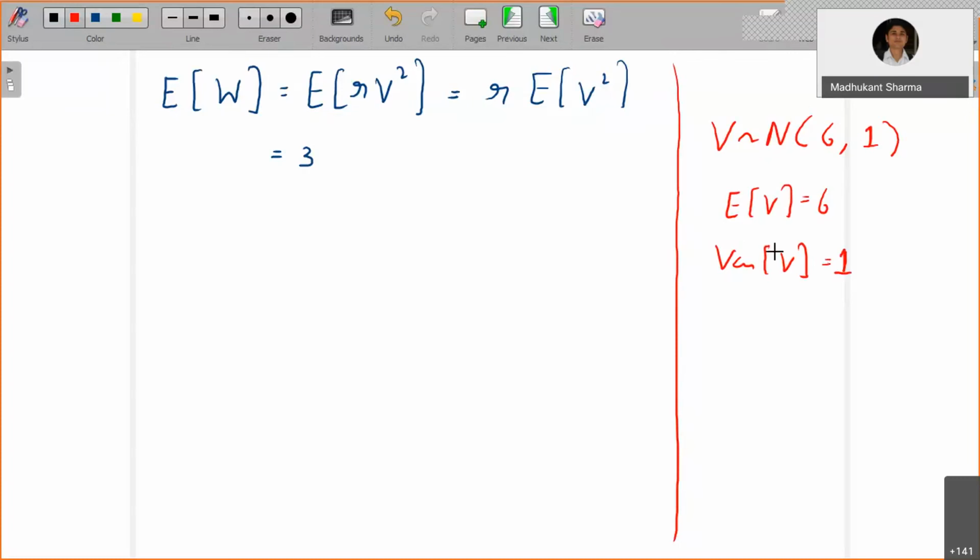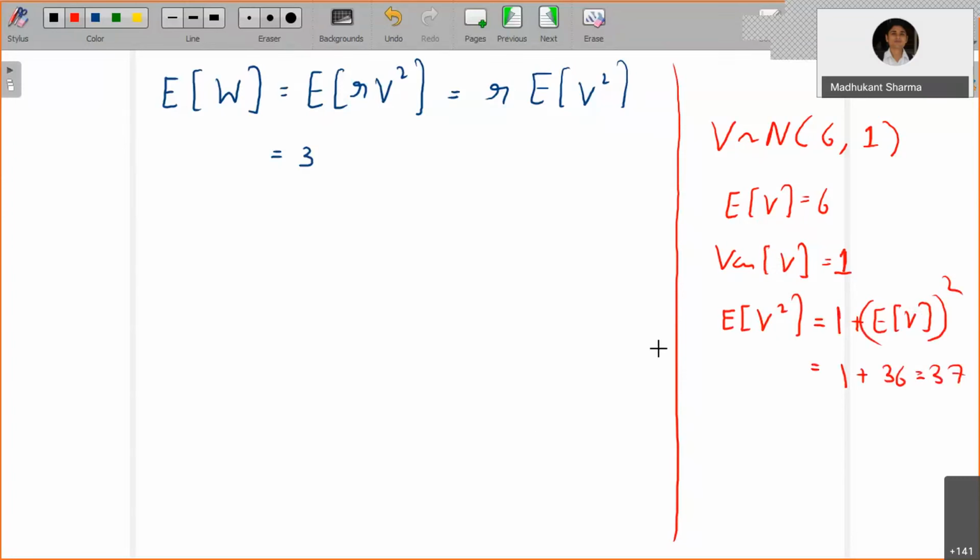So I hope from these two cases you can find the expectation of V square. The variance of V is the expectation of V square minus the expectation of V whole square. So that's going to be 1 plus the expectation of V whole square, which is 1 plus 36, that's going to be 37.